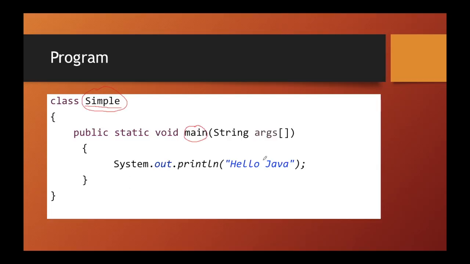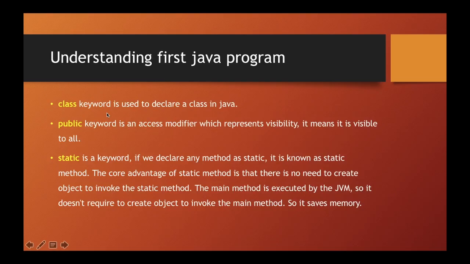This is one sample program, and everybody has to start with it. I will explain public static void main in the next few slides. If you save this program as simple.java, you have to compile the application and then run it. It will print hello Java.